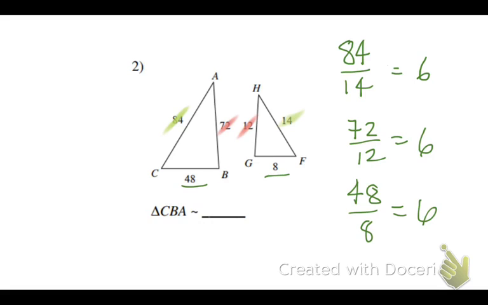So now let's see if we can get our similarity. Which side corresponds to side C? Well, side C is where the long leg and the short leg intersect.